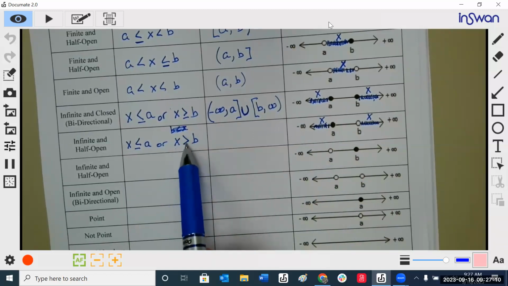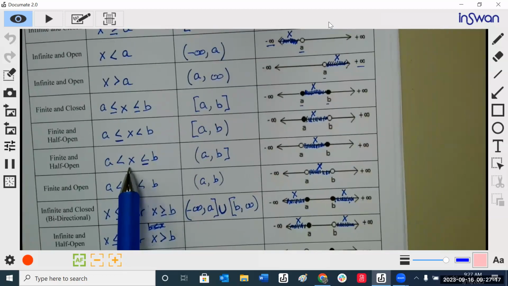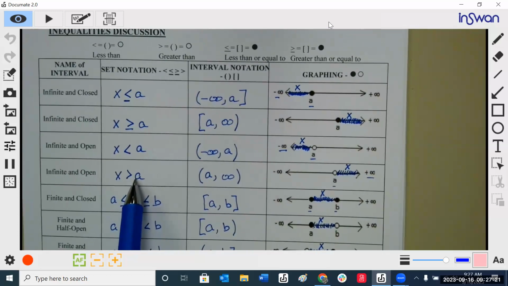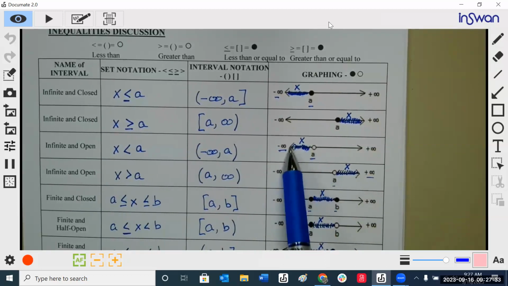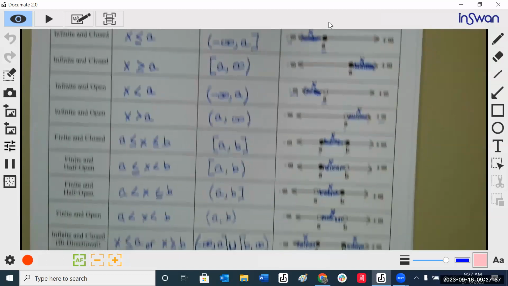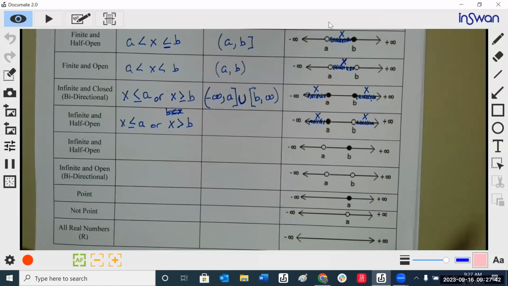For B, the shaded region is going to the right of B. So if your X is on your left-hand side, X is greater than A means from A the shaded region is going to the right. X is less than A, from A I'm going to the left. So if you have to graph, try to get the X on the left-hand side. And then we're going to talk about how to flip those in a second.